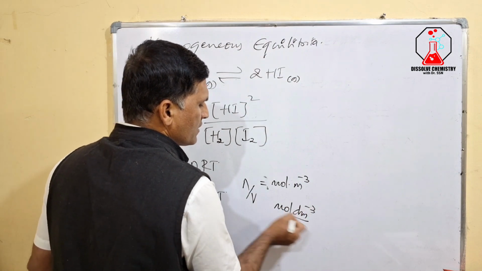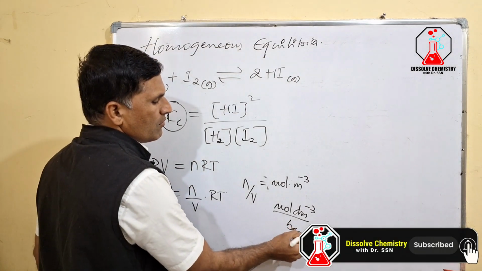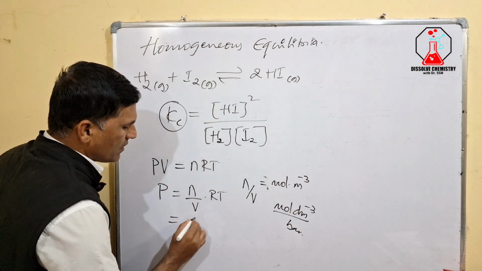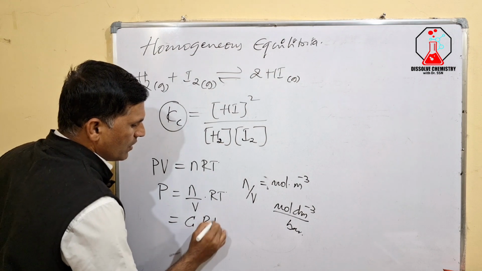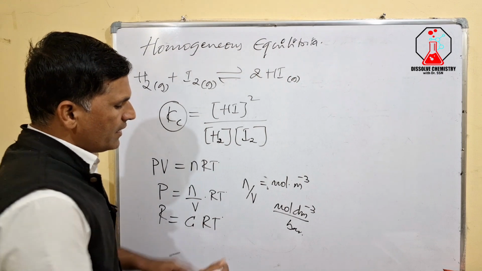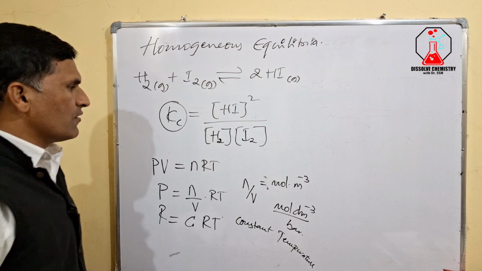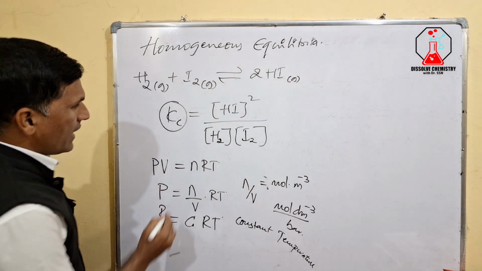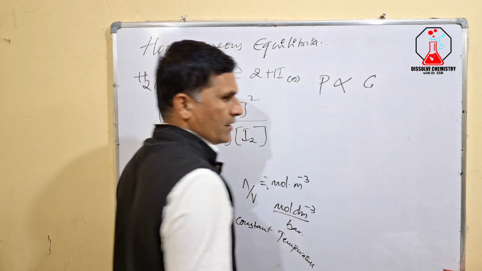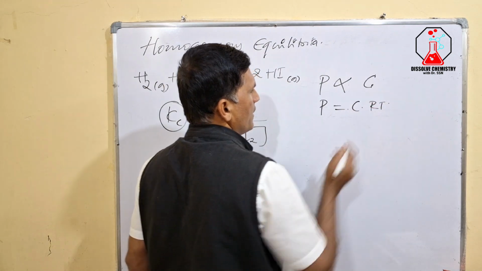Always remember, when we express this in mole per dm cube, then pressure must be expressed in bar. So we substitute n by V as the concentration term C into RT, where R is the gas constant and T remains constant. Therefore both are constant, and pressure is directly proportional to concentration. It means pressure is equal to C into RT.